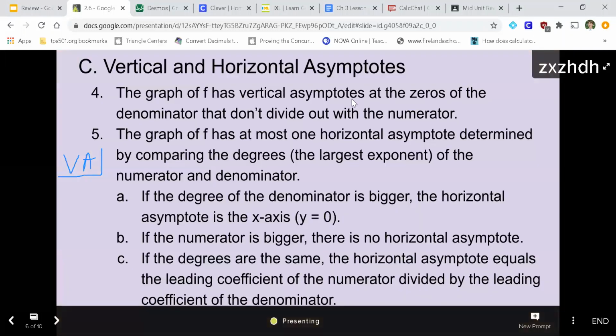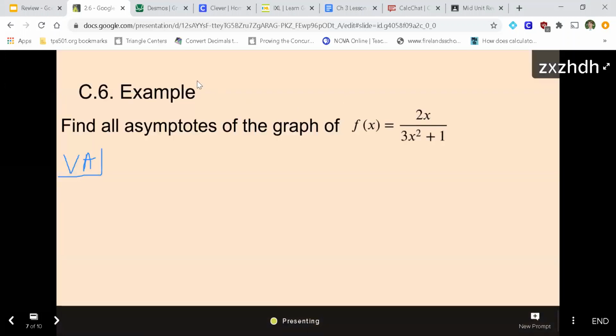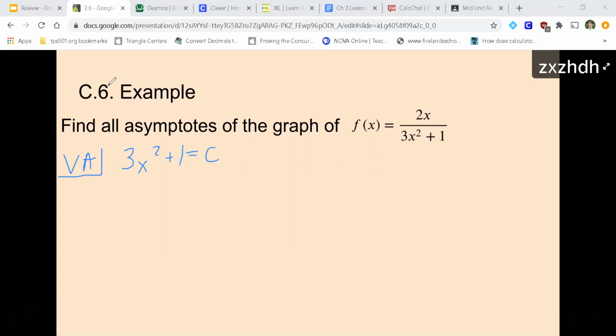Look at my notes. I set the denominator equal to 0, right? All right, so 3x squared plus 1 equals 0. Subtract 1, 3x squared equals -1. Divide by 3, x squared equals -1/3.